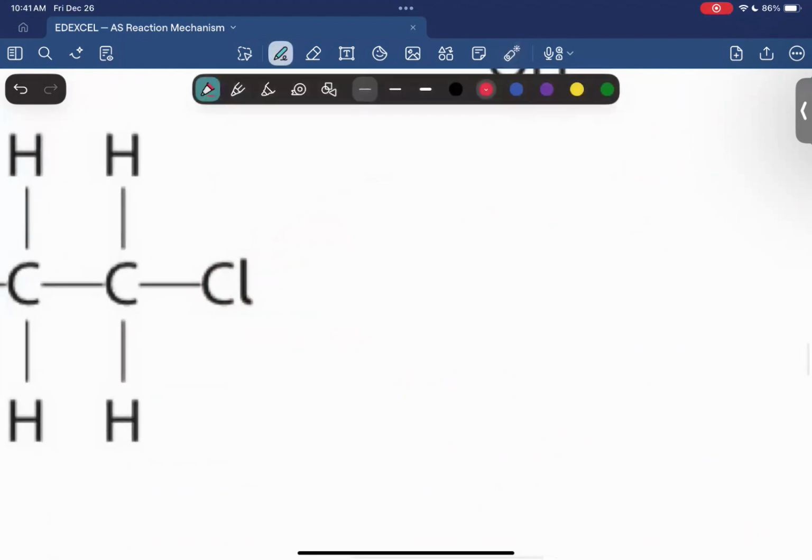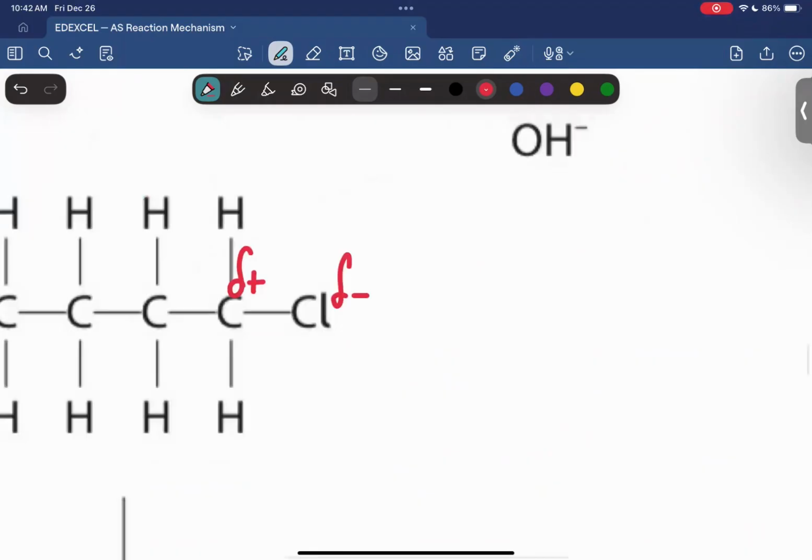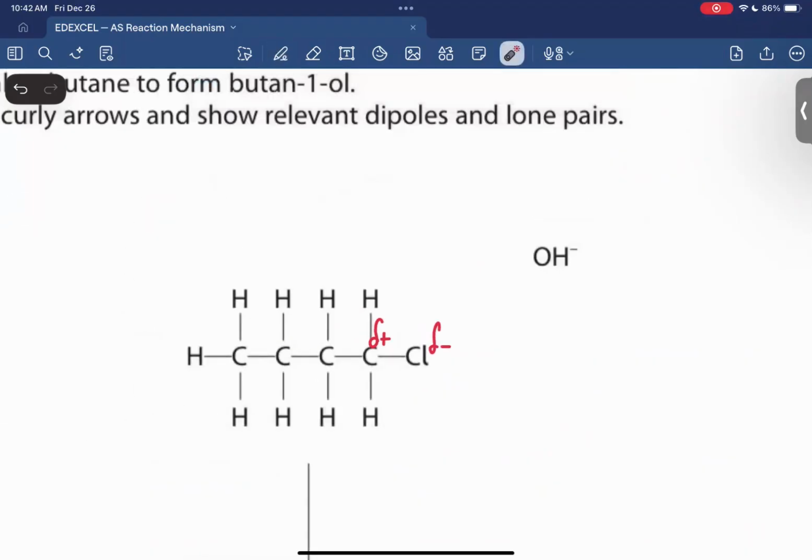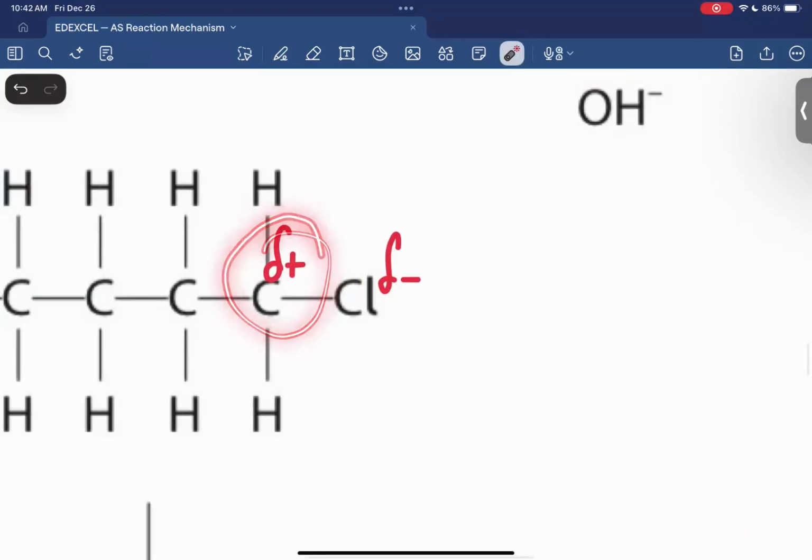As a result, a partial charge would form, delta minus, and this carbon would attain a charge of delta plus.